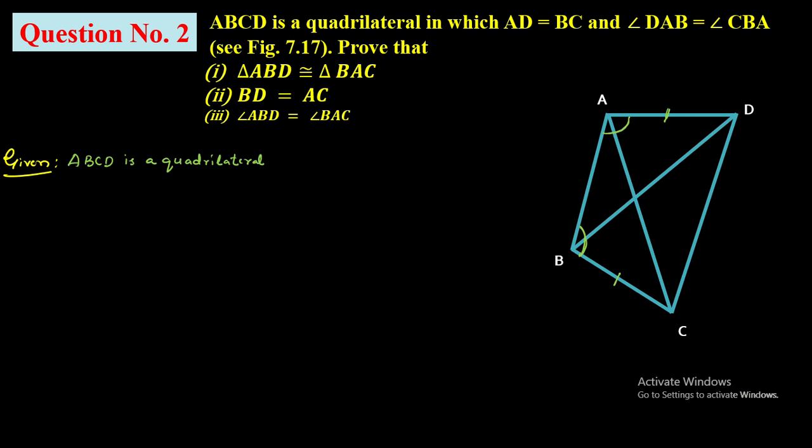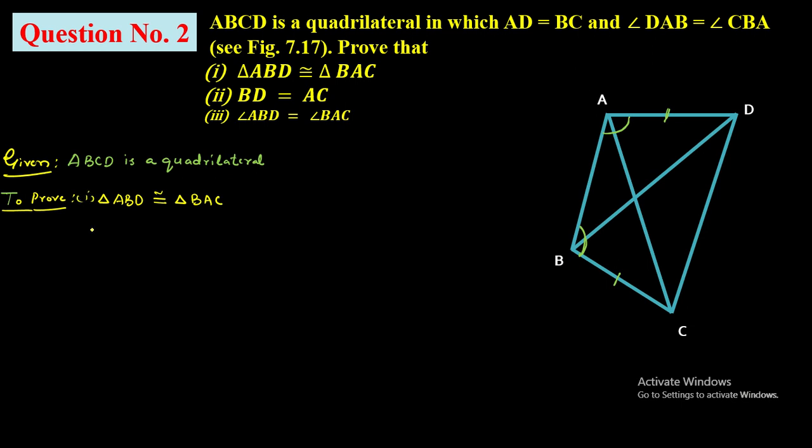Now we have to prove that triangle ABD is congruent to triangle BAC. Let's take these two triangles. So to prove, we have to prove that triangle ABD is congruent to triangle BAC.